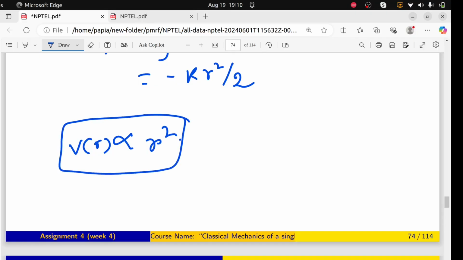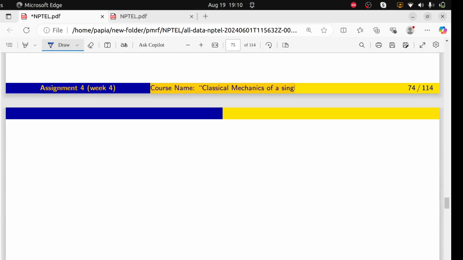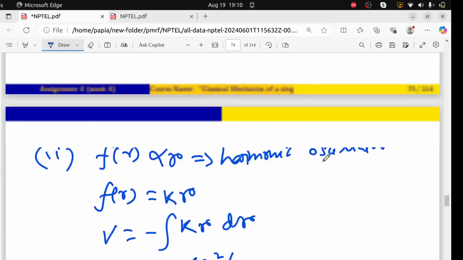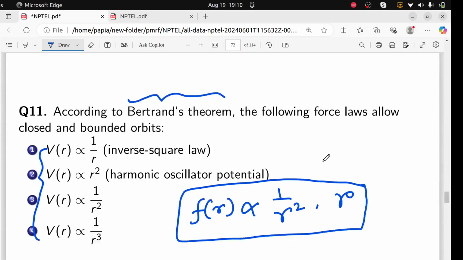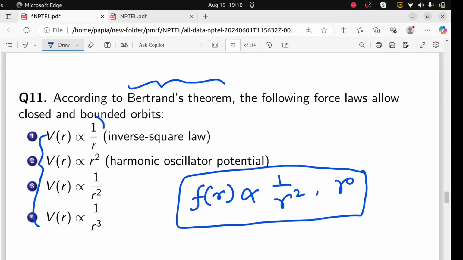So these two will give Bertrand's theorem: V proportional to 1 by r and V proportional to r square. So let me go to the option here, 1 by r and r square. These two will give Bertrand's theorem, and the others will not. It is also given in the bracket, inverse square law and harmonic oscillator potential. This is correct, this is correct.